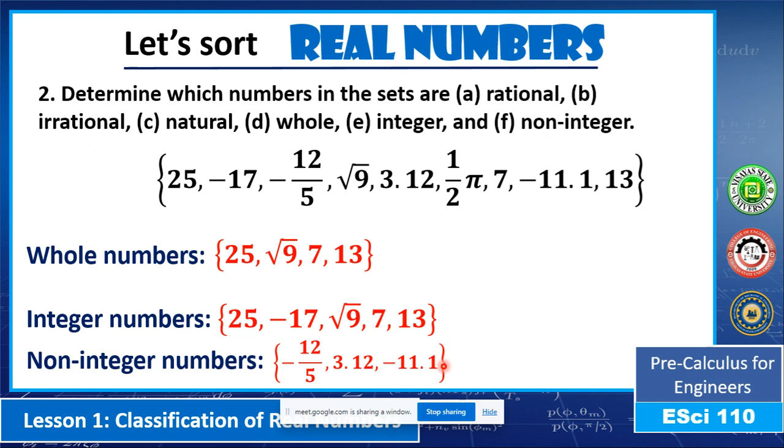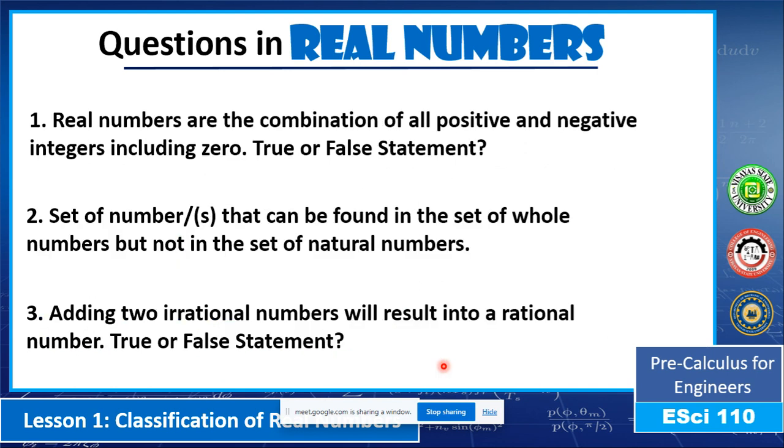Okay, thank you. So I have a question for you about real numbers. The first one is, real numbers are the combination of all positive and negative integers including 0. Is it a true statement or a false statement? What do you think, class?